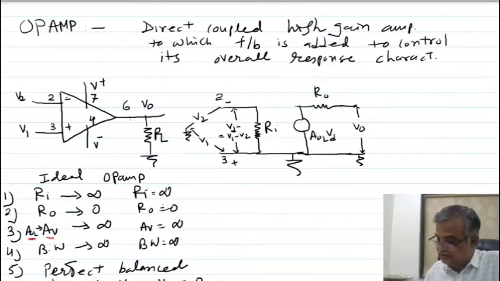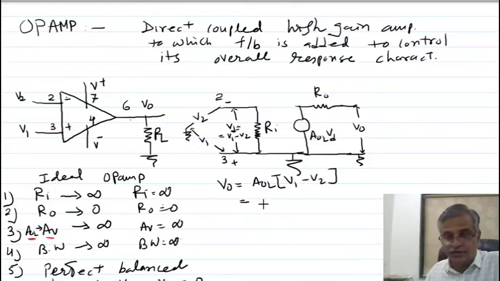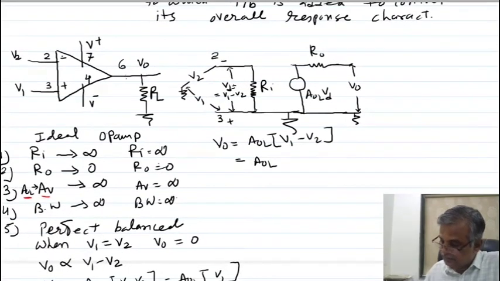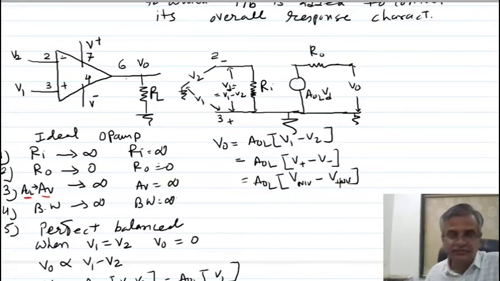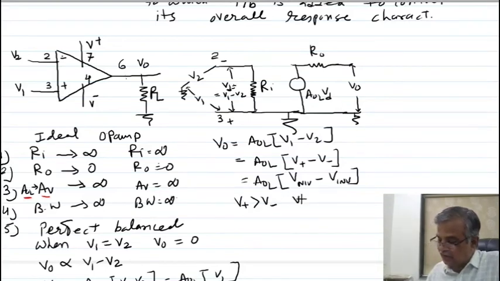Here the differential signal is nothing but V1 minus V2. VO is nothing but the gain multiplied by the difference of the input signals. Please remember like this: gain multiplied by voltage at the positive terminal minus voltage at the negative terminal. You can also remember it this way: voltage at non-inverting terminal minus voltage at inverting terminal. Look here, if voltage at plus is greater than voltage at minus, then output is positive.